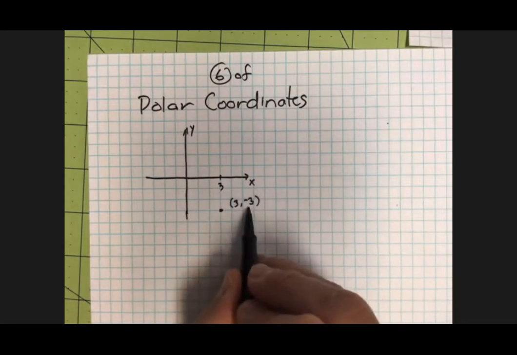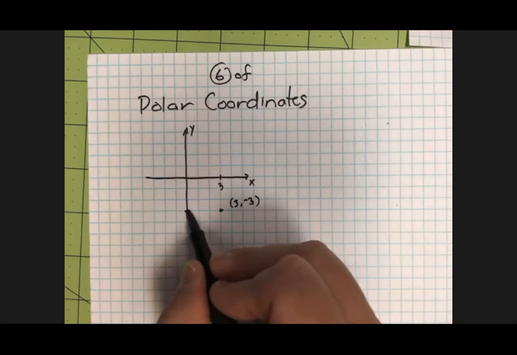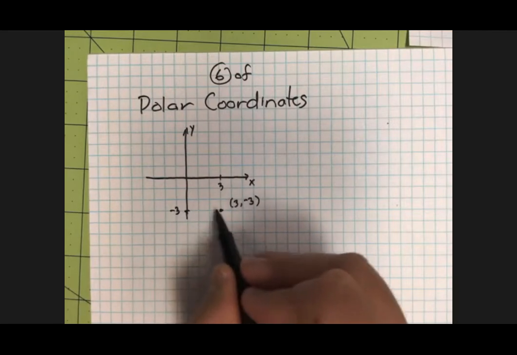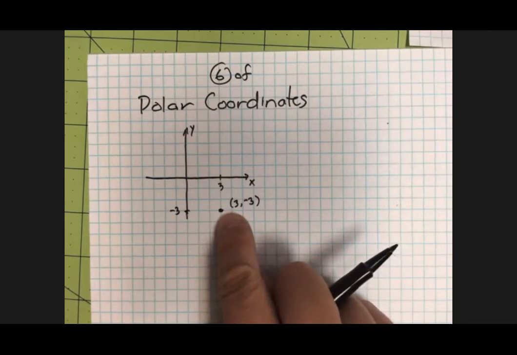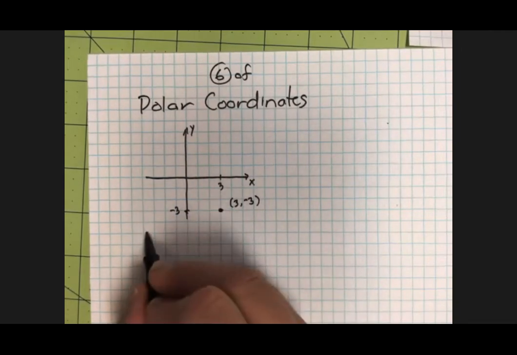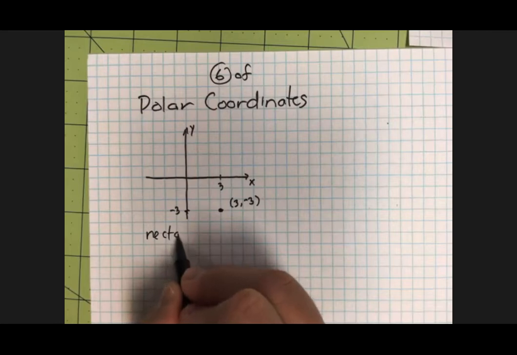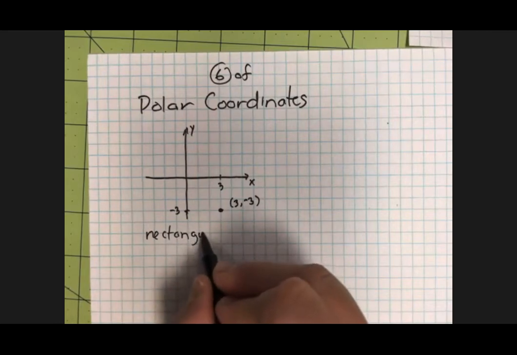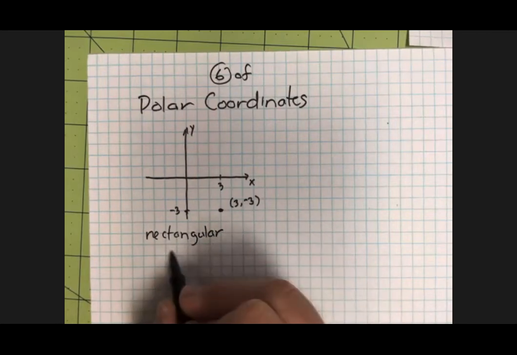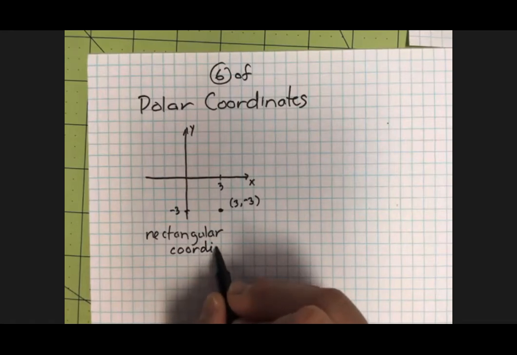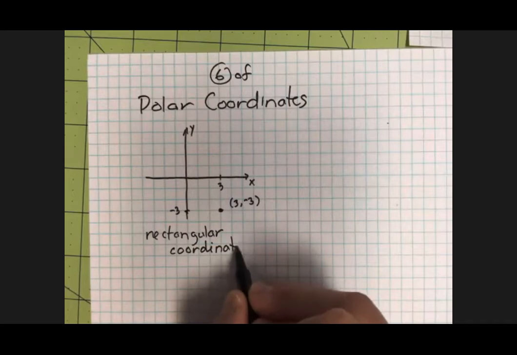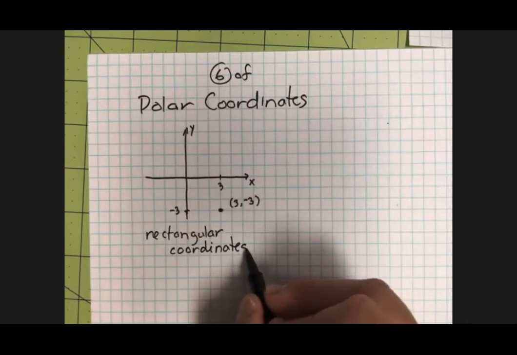And the y-coordinate stands for taking minus 3 steps on the y-axis. That point right there is 3 and minus 3. These are called rectangular coordinates, or Cartesian coordinates sometimes, in honor of René Descartes, who had this idea of organizing points in the plane like this.